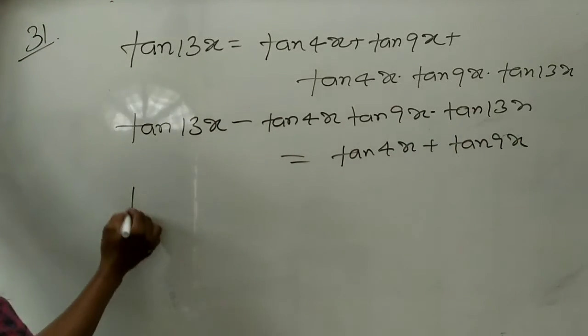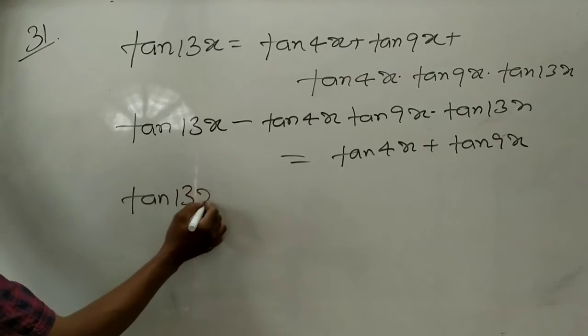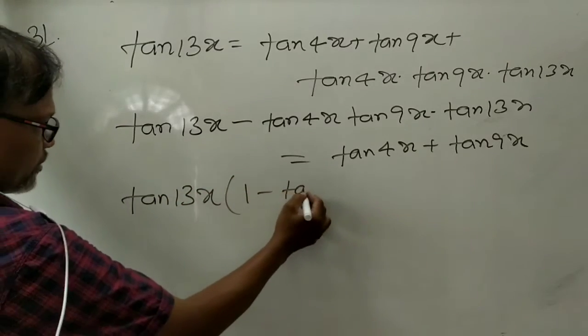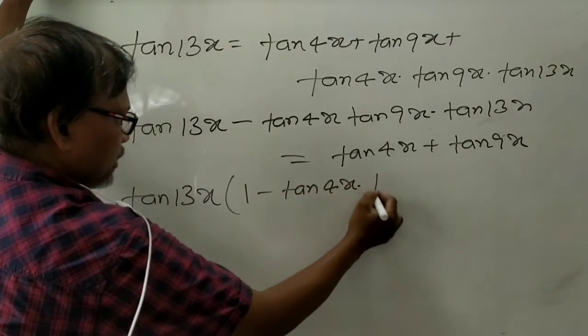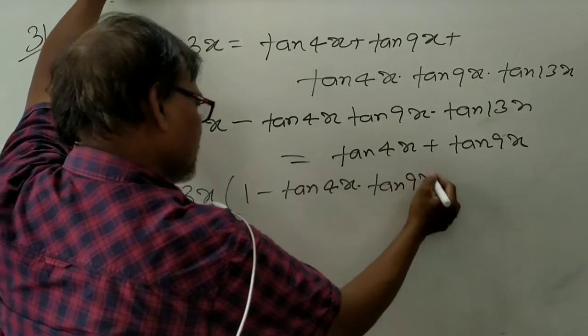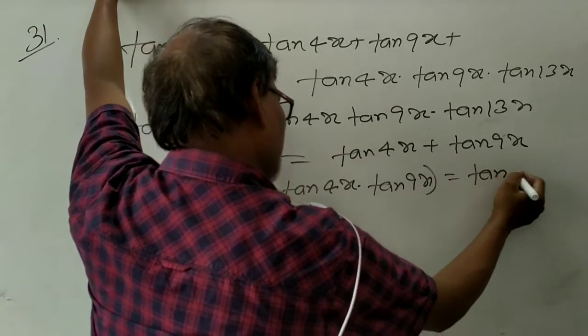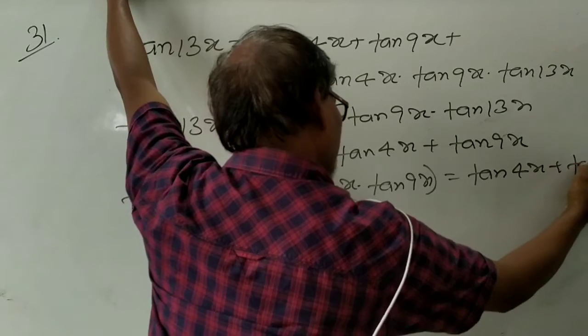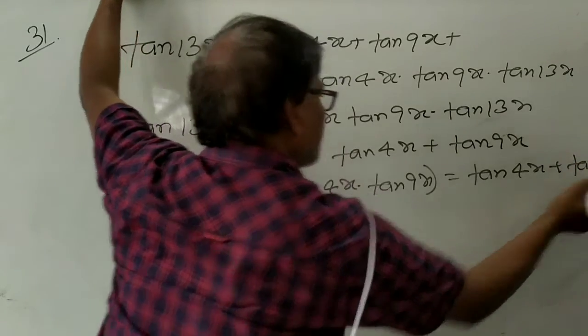Can you take tan 13x common? Yes. You will have tan 13x into 1 minus tan 4x into tan 9x, equal to tan 4x plus tan 9x.